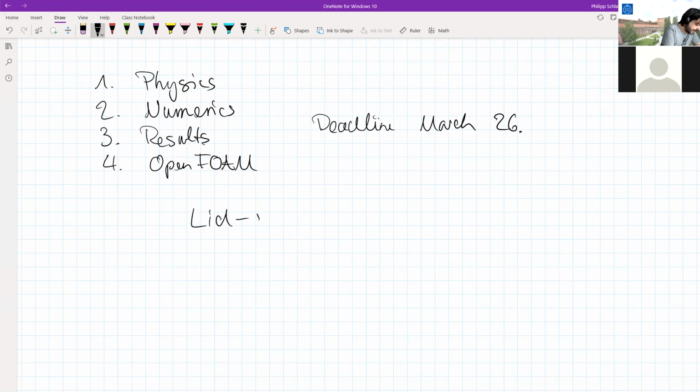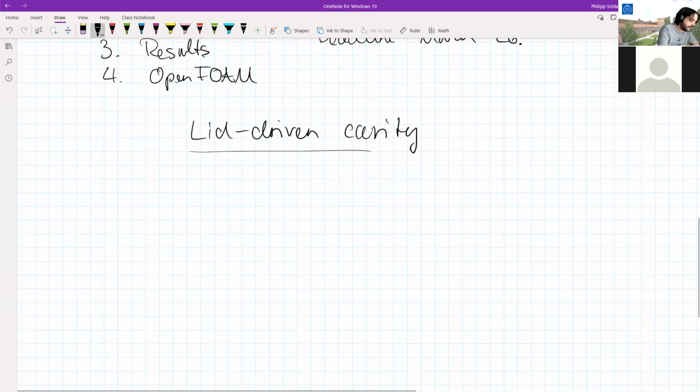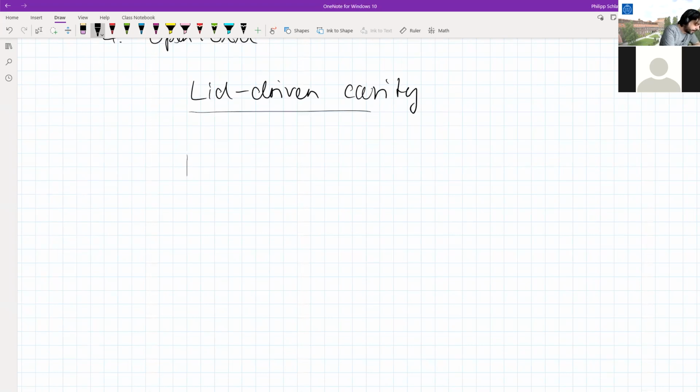The first case is the lid-driven cavity. The lid-driven cavity has become, I would say, a standard case within CFD for each simulation code to be able to handle and to simulate. The reason for that is that the lid-driven cavity is very, very simple in terms of the setup. It's a fully specified case in the sense that everything is just happening inside a domain.